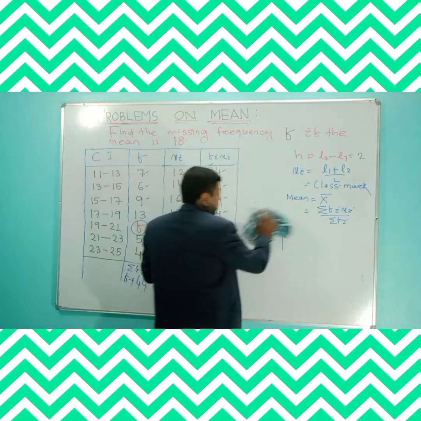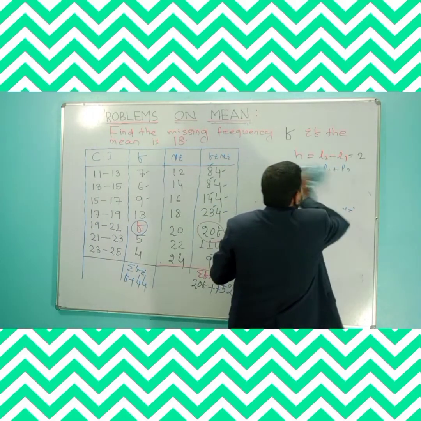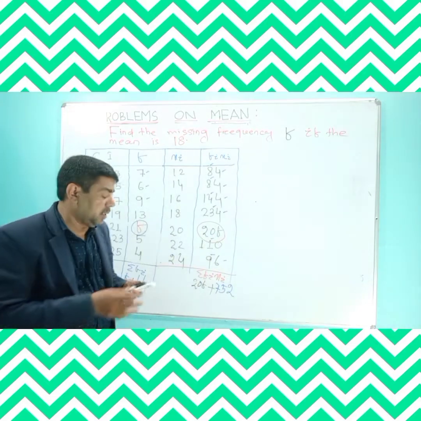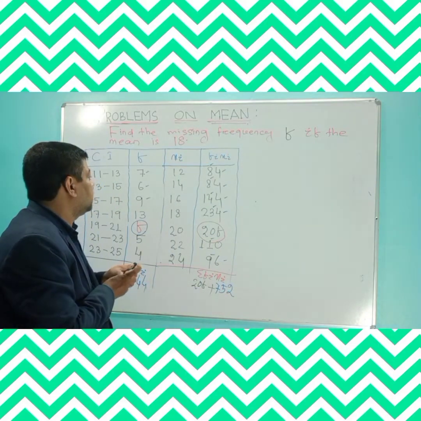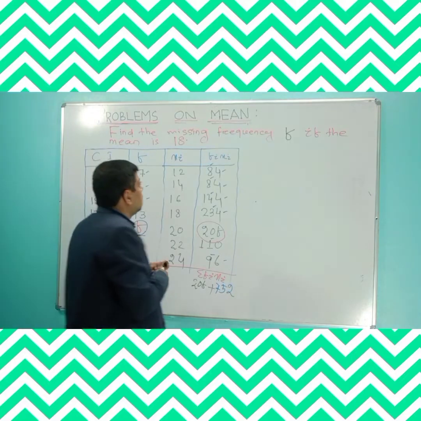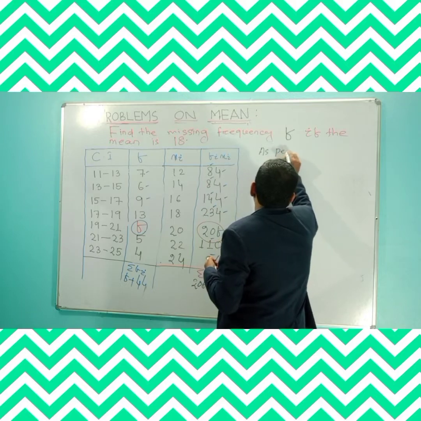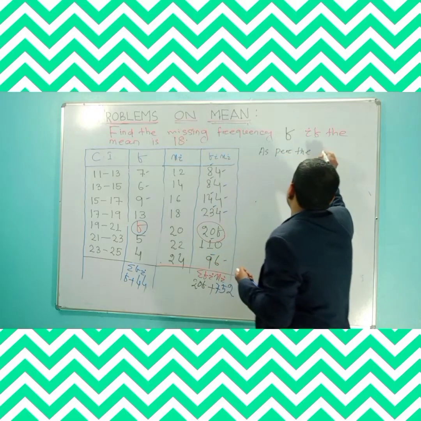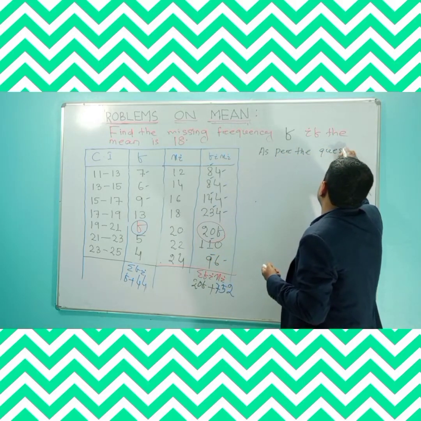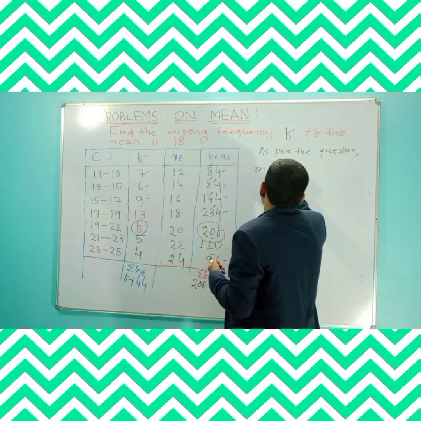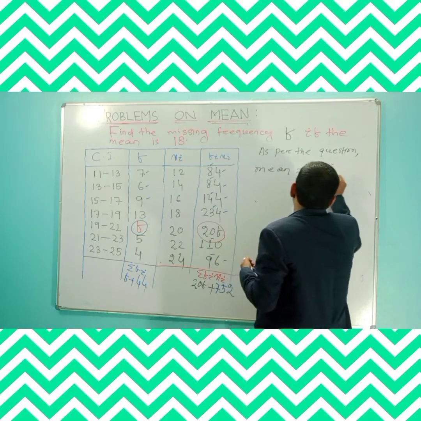Okay, all of you understand? Students, you see the frequency of the data is already given. As per the question, the mean of the data is equal to 18.